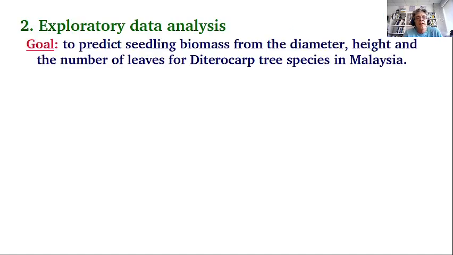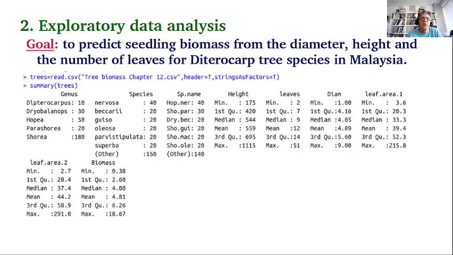So the idea of this analysis is to predict the seedling biomass for some tree species in Malaysia based on the diameter, height, and the number of leaves. So I start as usual by importing the data. This is the complete data set that we are going to use. We have a large number of data points for different species.